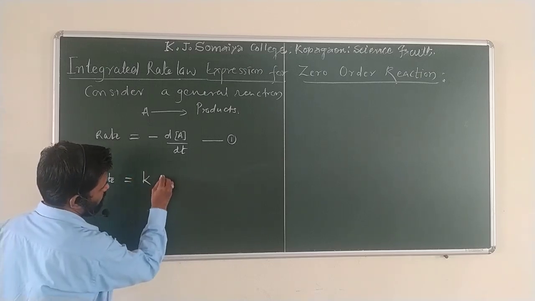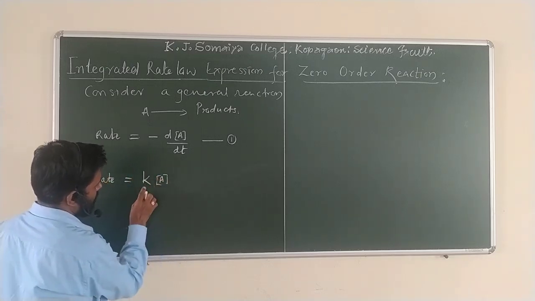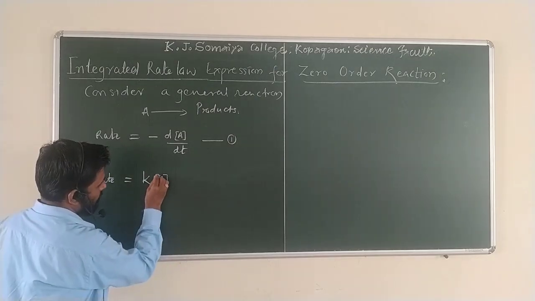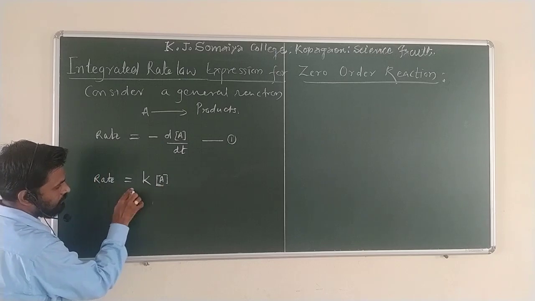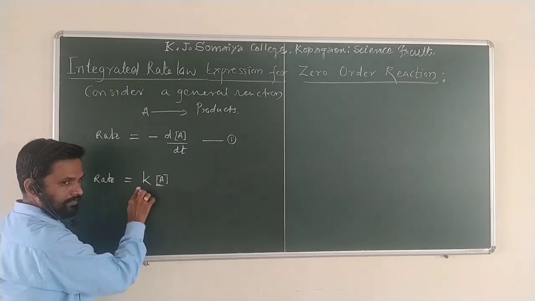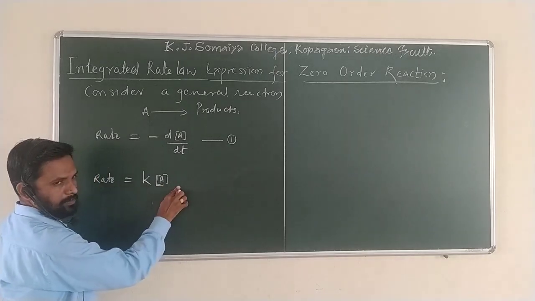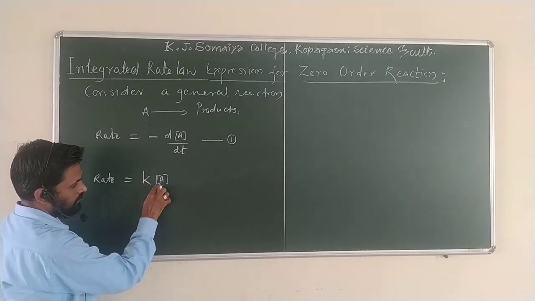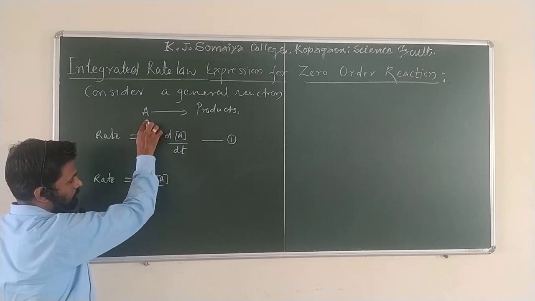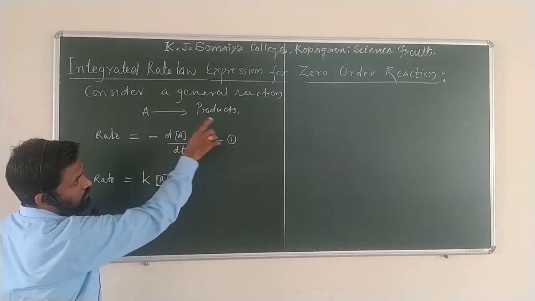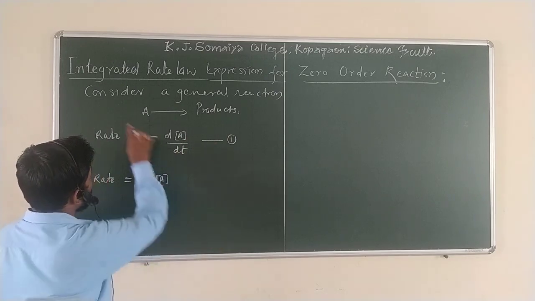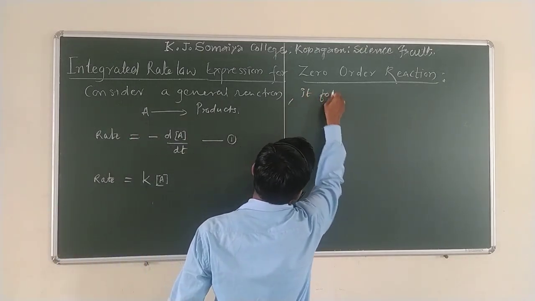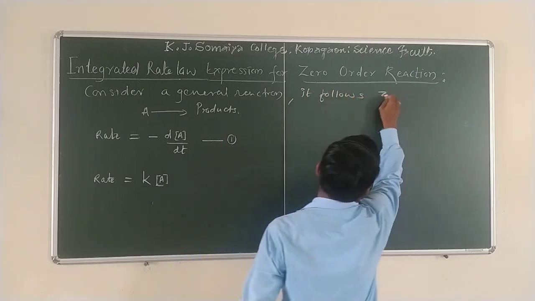So it can be written with the rate constant: rate is equal to the proportionality constant into the concentration of the reactant molecule. But what we have to do now is this: it follows the zero order reaction. This is very important. Consider a general reaction; it follows zero order.